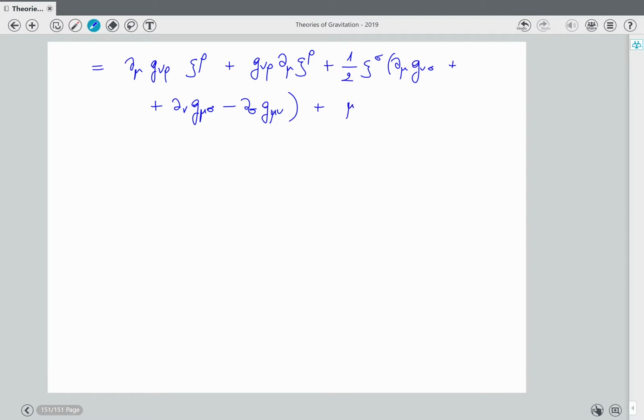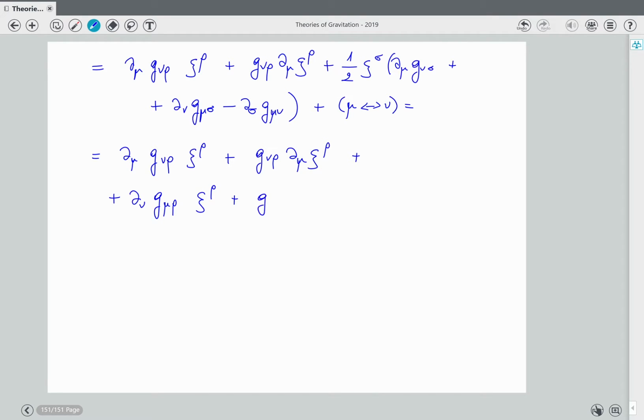And again, we have to symmetrize in mu and nu. So what do we get when we symmetrize the first two terms? We just copy them. G nu rho partial mu psi rho. Then we have plus partial mu G mu rho psi rho plus G mu rho partial mu psi rho.